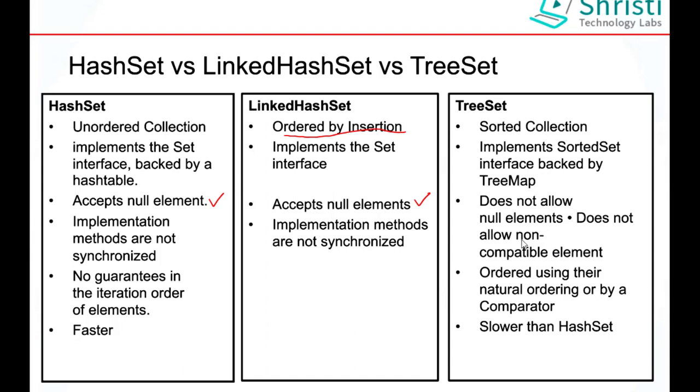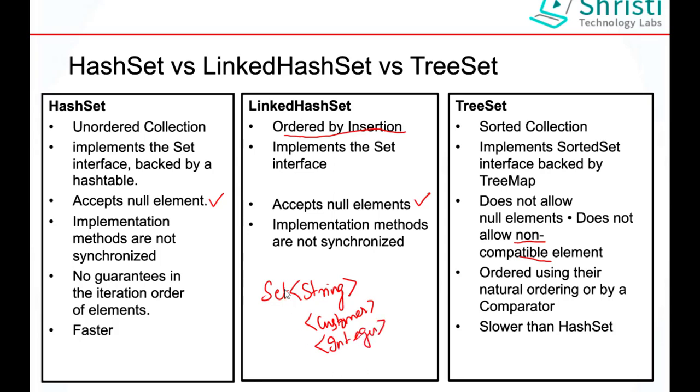Tree set also will not allow non-compatible elements. If you are working with generics, none of the classes will allow non-compatible elements. That is, if I am creating a set of string, I can add only string elements. If I am creating a set of customer, I can add only customer objects. If I am creating a set of integer, I can add only integer objects.